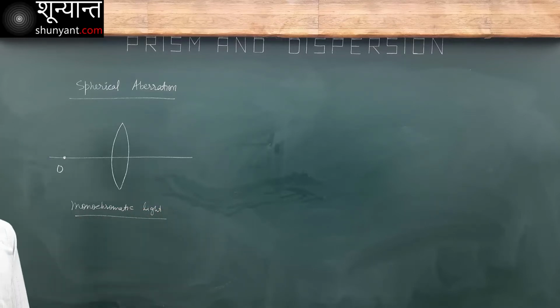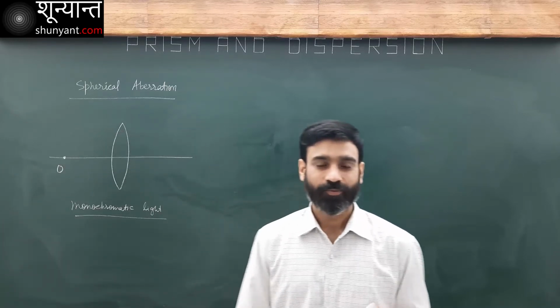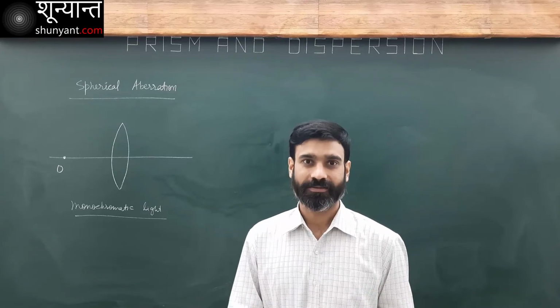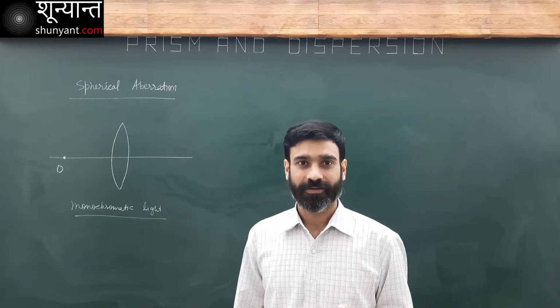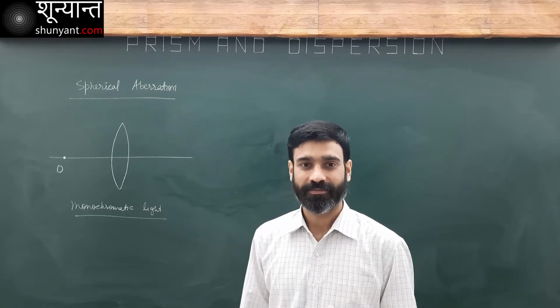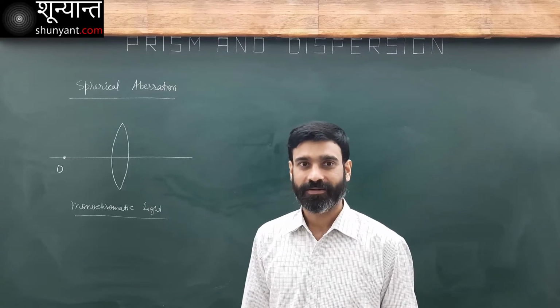Monochromatic light. The problem is like this. Whatever we have studied till now in mirrors or lenses, everything was in relation with paraxial rays, not the marginal rays.